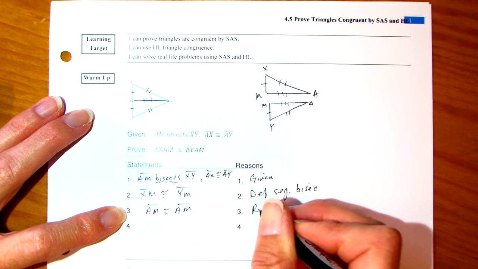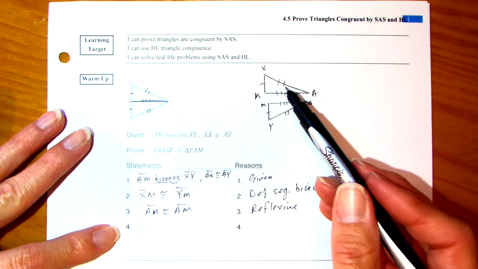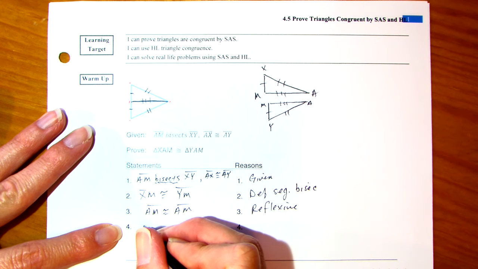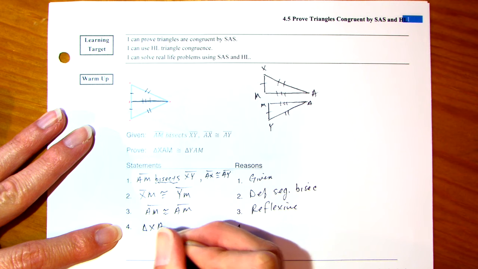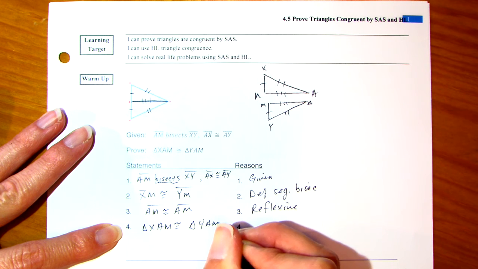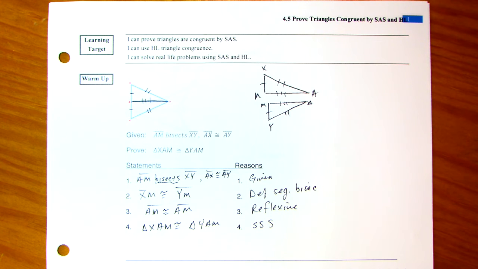That's reflexive. Now, the top triangle is congruent to the bottom one by side, side, side. Triangle XAM is congruent to triangle YAM by side, side, side. We should have gotten that down pat by last section.